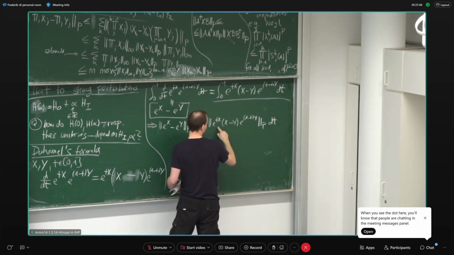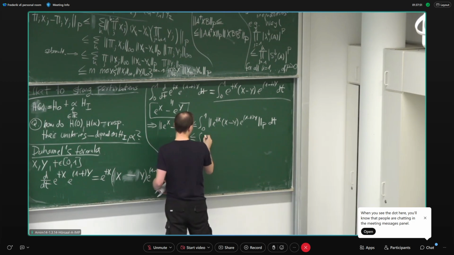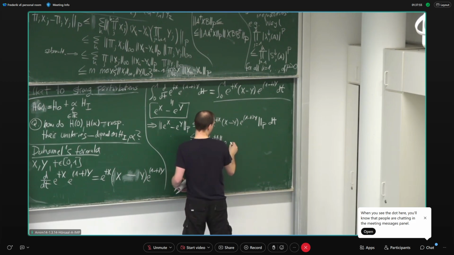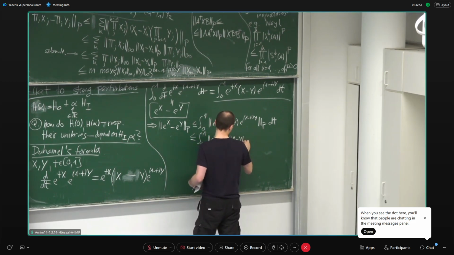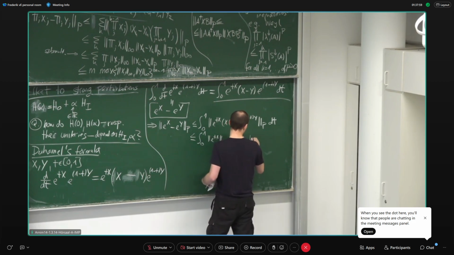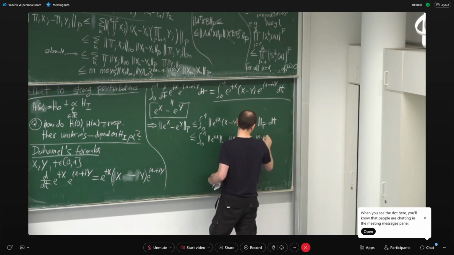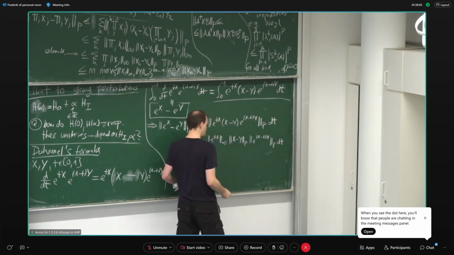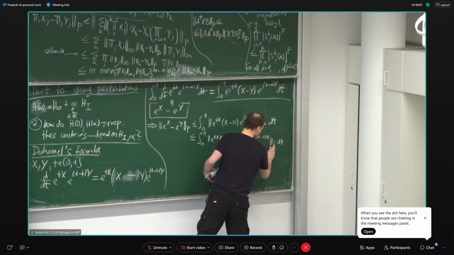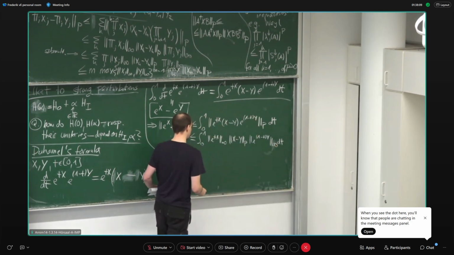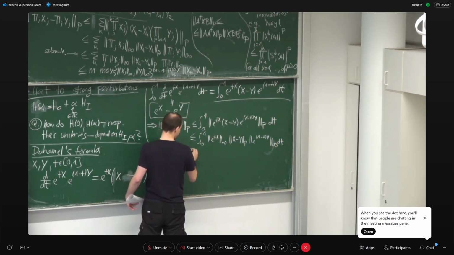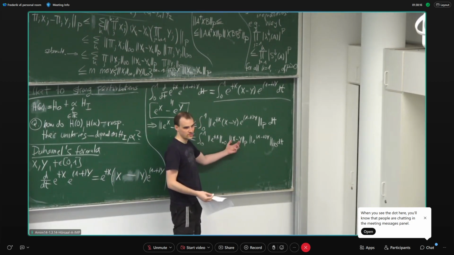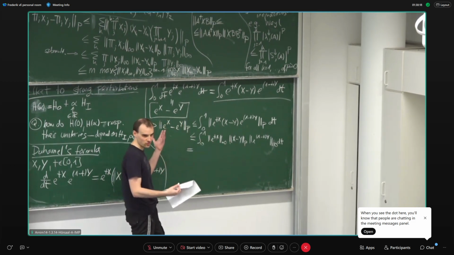Now we can split off an infinity norm on both sides. Now this factor doesn't depend on t anymore, so we can just pull it out.